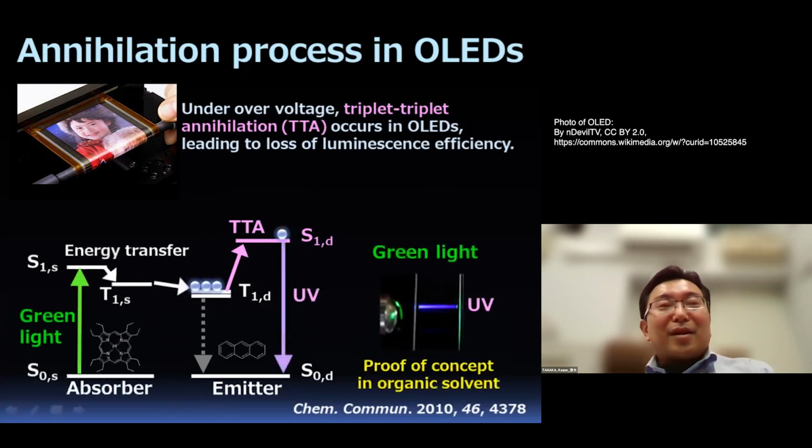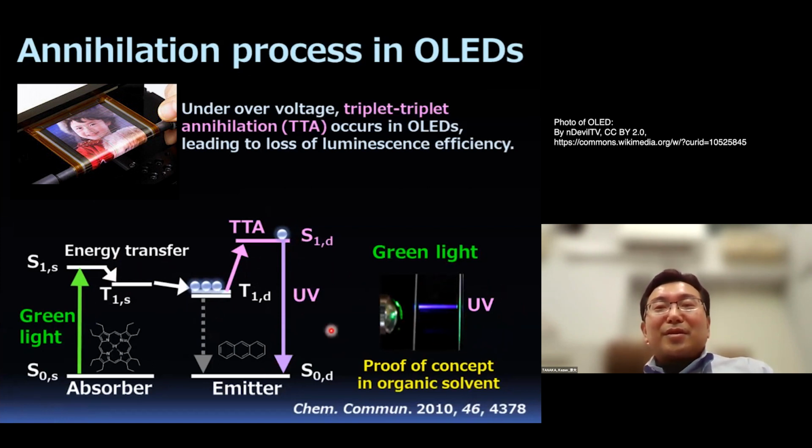It is found only in the OLED with over voltage, but by employing the energy transfer in solution state, we can observe this system. It is very complicated, but in summary, by irradiating green light, which is visible light, we can detect UV light based on the energy transfer and TTA process.